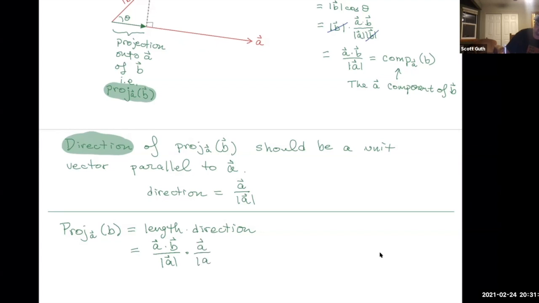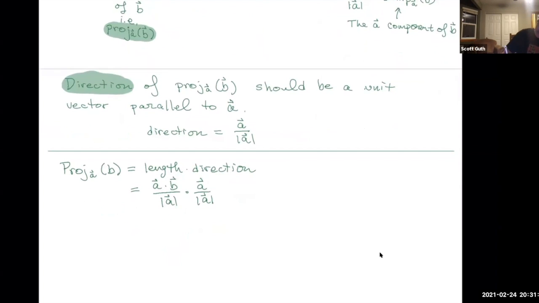Now this is really confusing. You have to recognize that this whole thing here is a scalar, and this guy right here is a vector. Remember, dot products are scalars. And that's not a dot product. That's a scalar product.